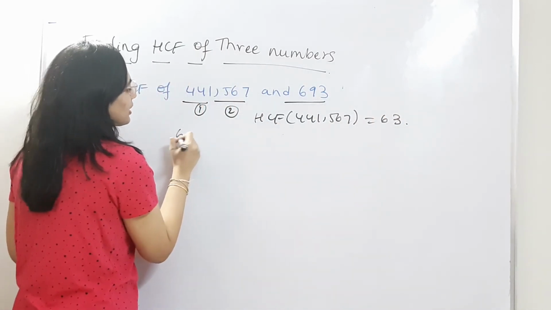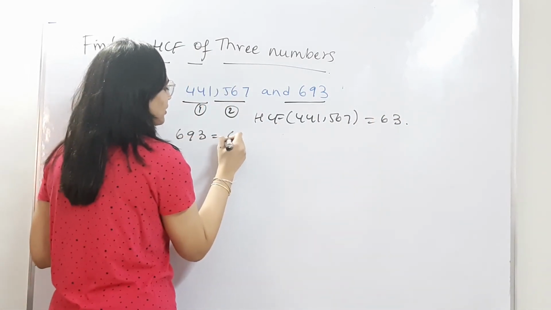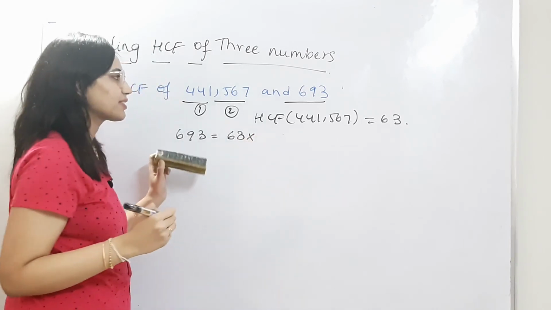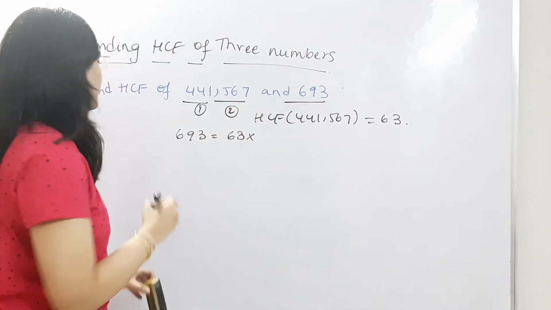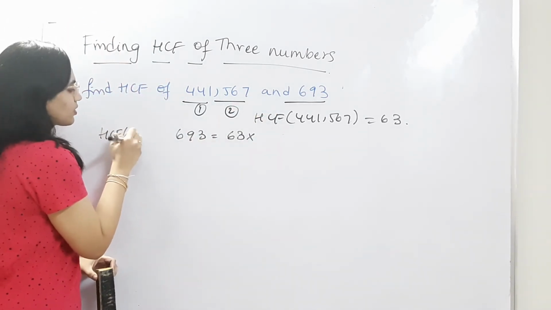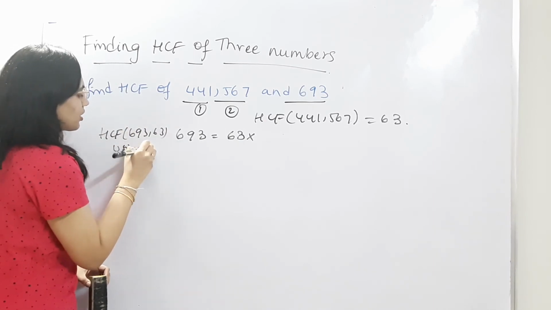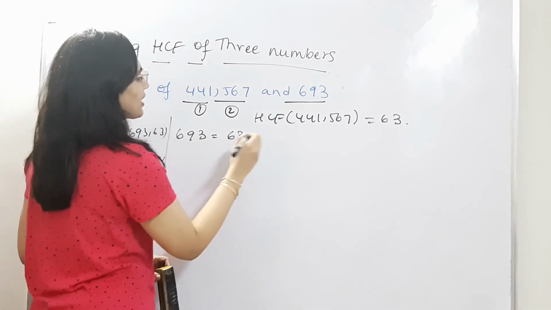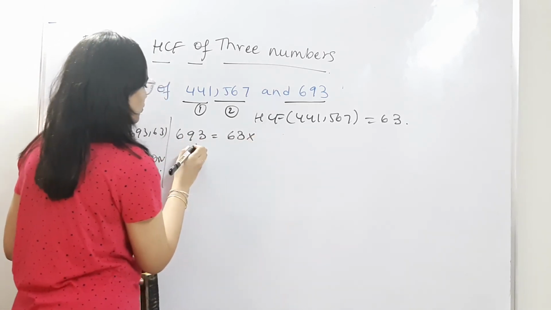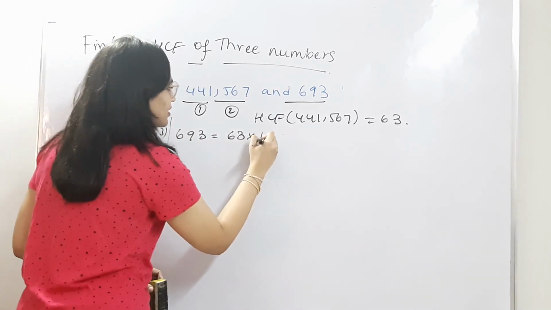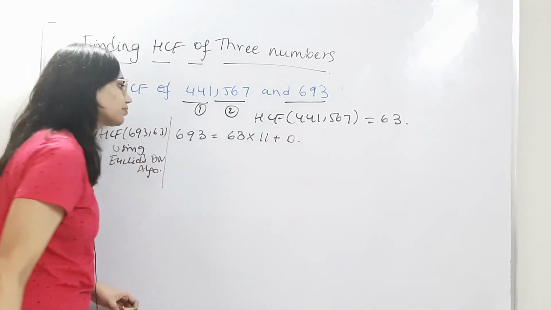Now let's try to find the HCF of 63 and 693 using Euclid's division algorithm. Now 693 is equal to 63 into how much? 63 elevens are 693, plus 0.